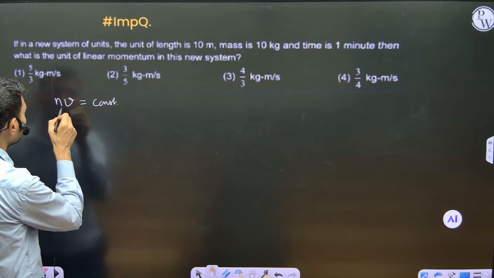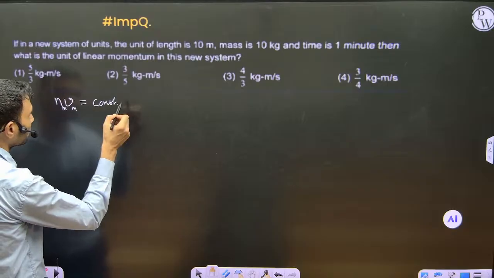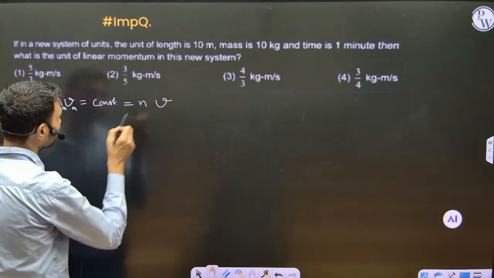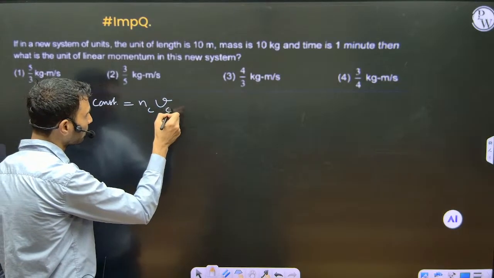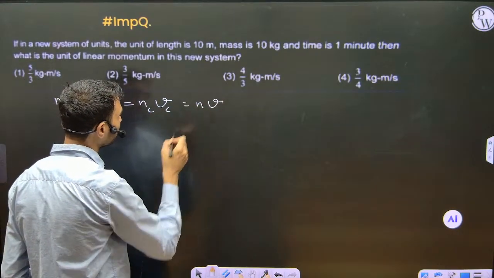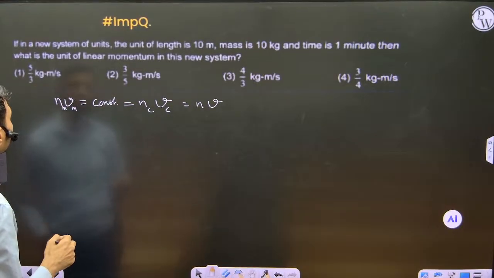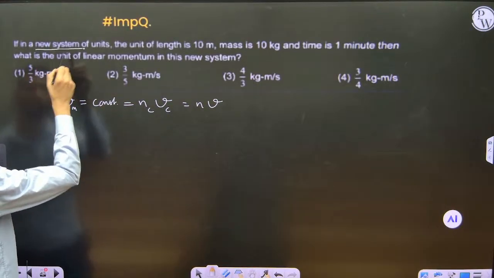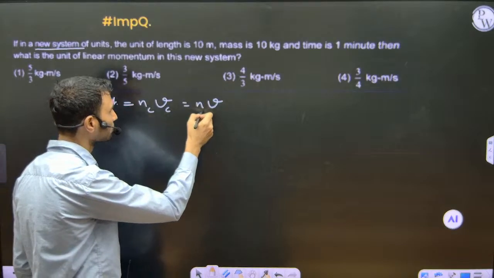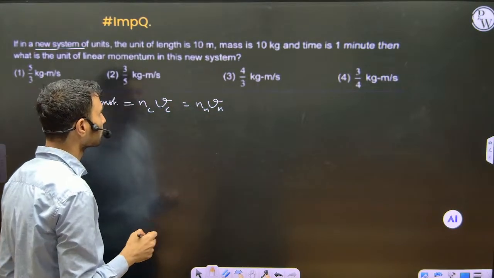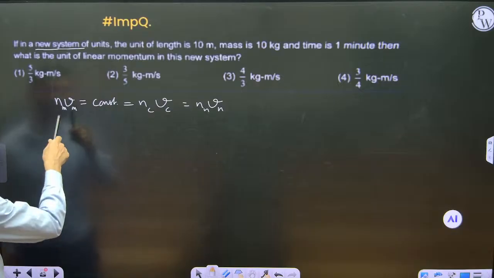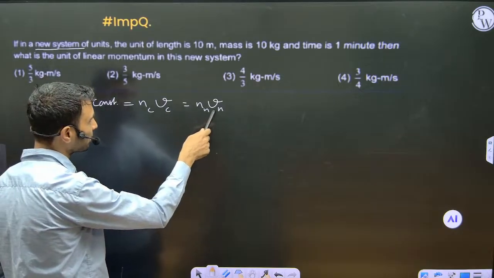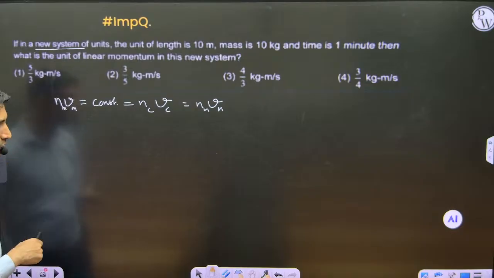So n into u written in MKS system will be equal to n into u written in which system? In CGS system. But it is also equal to n into u written in which system? In the new system. So n into u is not going to change. It is going to remain n into u only. So n into u written in MKS system is equal to n into u written in the new system also.